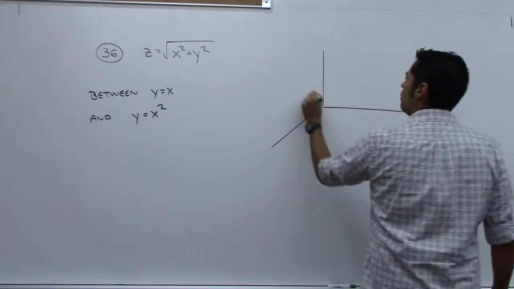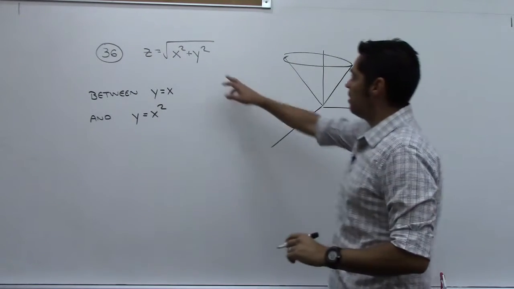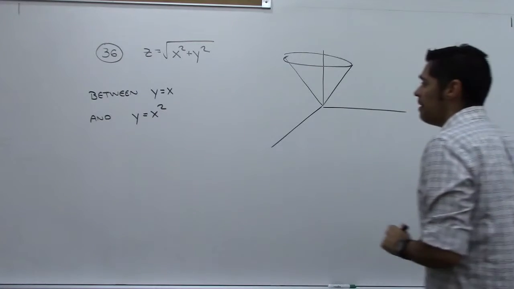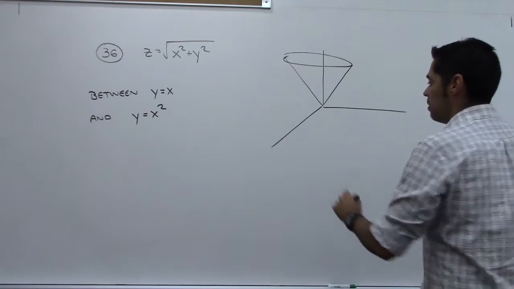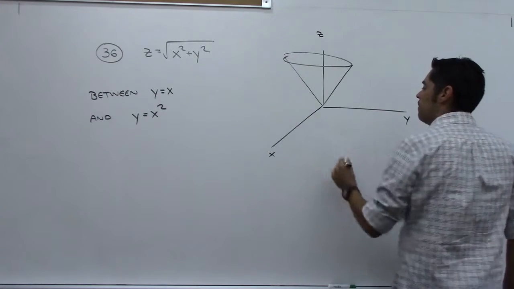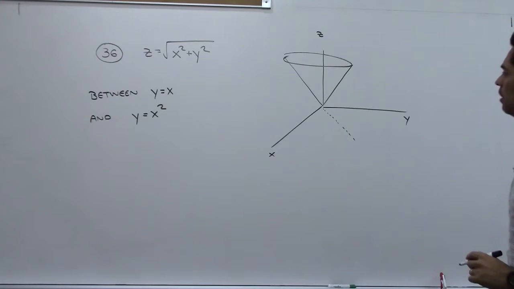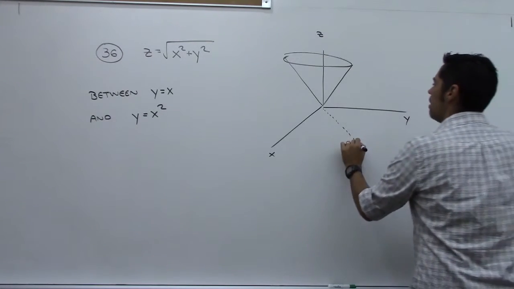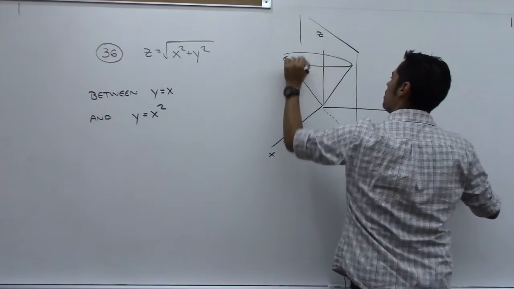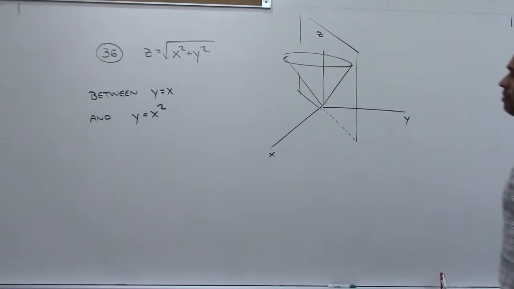We have a cone like this, and then we have y equals x. Well, we know that on the ground, that's this dotted line, the diagonal. And if we look at it as a plane, it comes up, of course, and cuts through this cone.